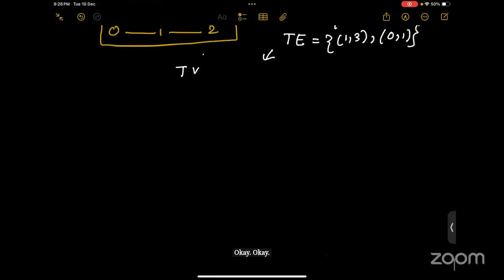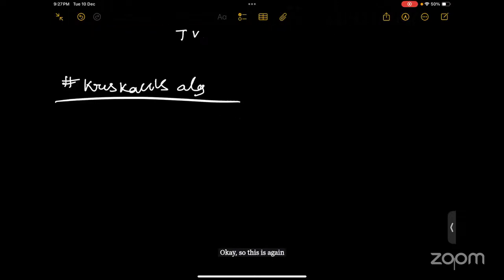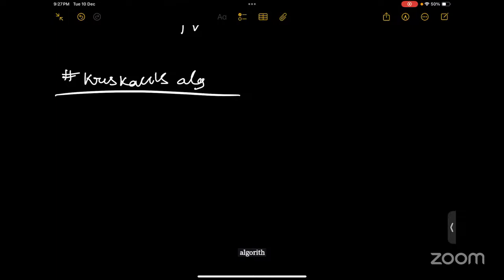Very good. Okay. Then this is the last algorithm we have to learn. Kruskal algorithm. Okay. So this is again another simple algorithm. So step 1 is, first you have to note all the vertices.